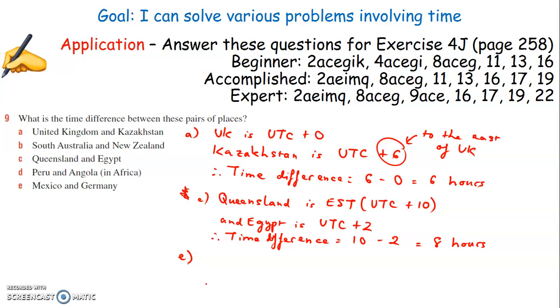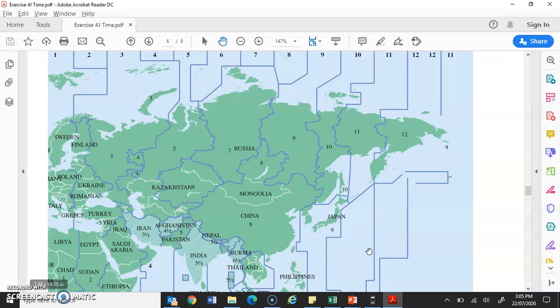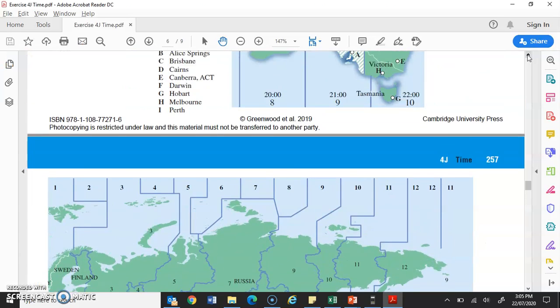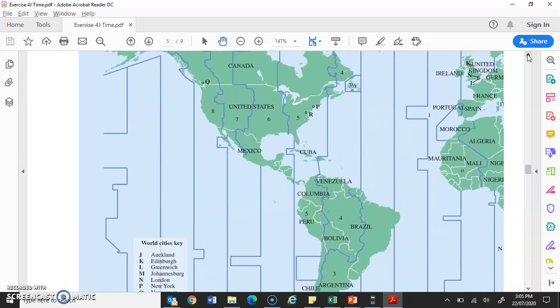Okay, what about Mexico and Germany? So where is Mexico? Mexico is in the Americas.